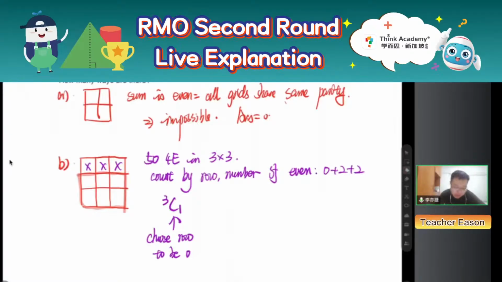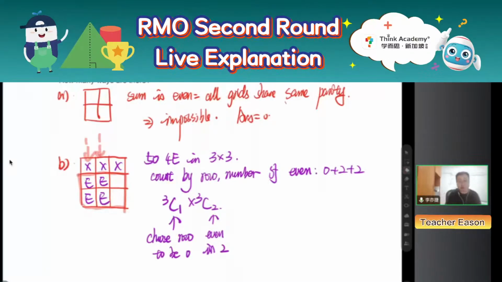It's not hard to realize that, because besides the rows, we also want each column to have 2 or 0 even numbers. So for example, if the second row, 3C2, we put the even numbers in 2 columns. Suppose we have the 2 even numbers here. So now these 2 columns already have 1 even each, and 1 even cannot make the sum odd. So we must make the third row's even numbers also be here.